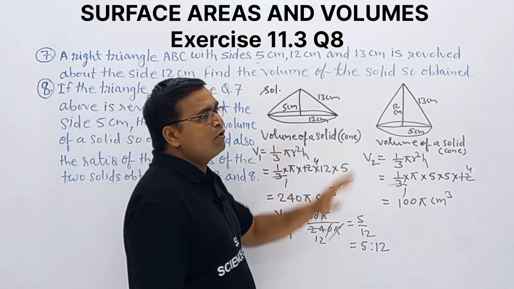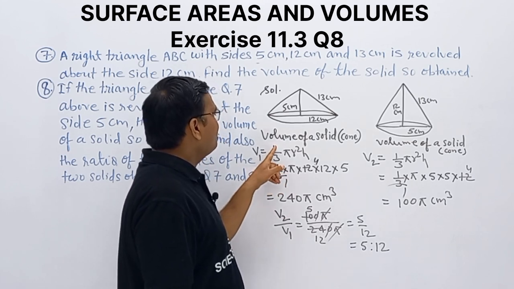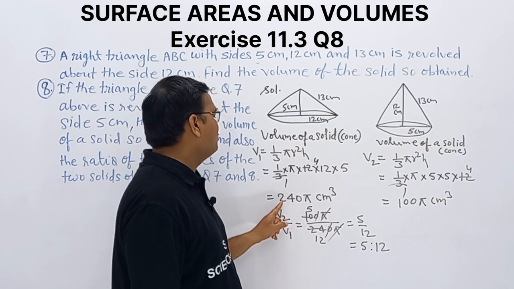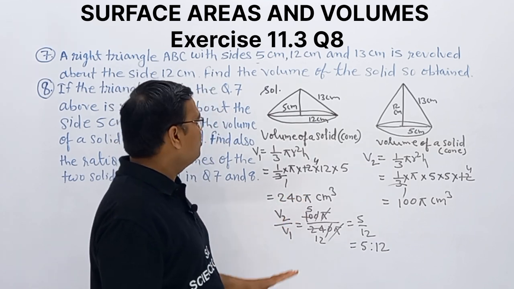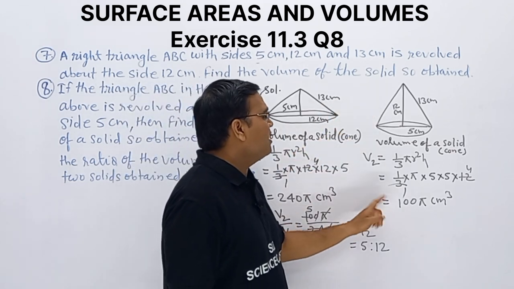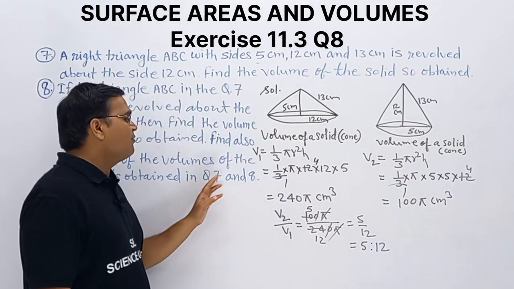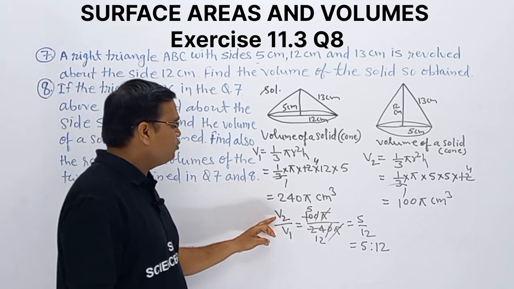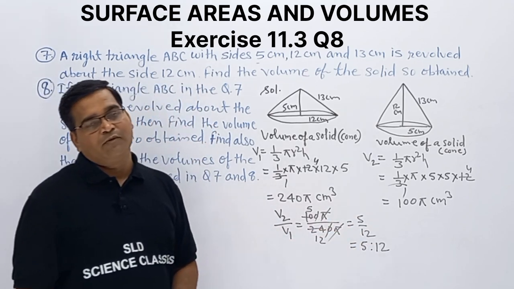We require the volume in both cases, using the formula for the volume of a cone, 1/3 pi r square h. For question number 8 we get 240 pi centimeter cube, and for question number 7 we get 100 pi. So the ratio of the volumes of question 7 to question 8 is V2 upon V1, and the required result is 5:12.